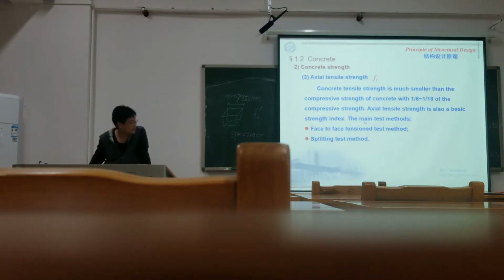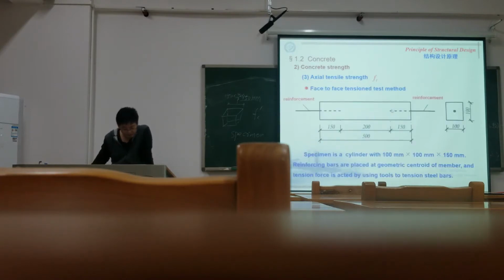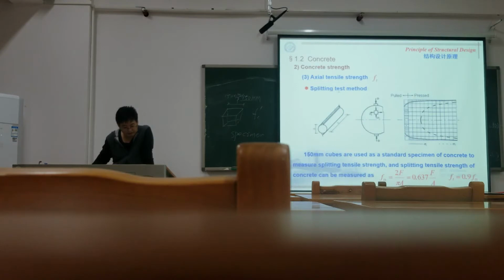So actually, those things we introduced in the last class, so we just say them again to try to remember them. This is the test method for the split strings at key. We have two methods to do this test.